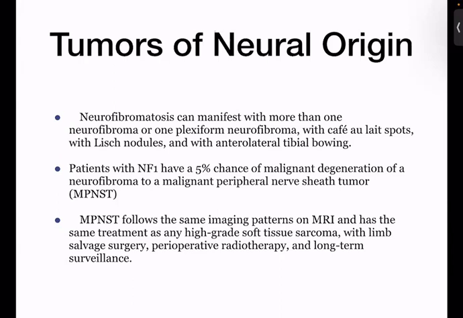But what's more concerning is if the patient has neurofibromatosis with ccafé-au-lait spots, Lisch nodules, which sometimes are in the irises, and anterolateral tibial bowing. This is concerning. And usually for neurofibromatosis NF1, they have a chance of malignant degeneration, and they can have malignant peripheral nerve sheath tumor. Okay.